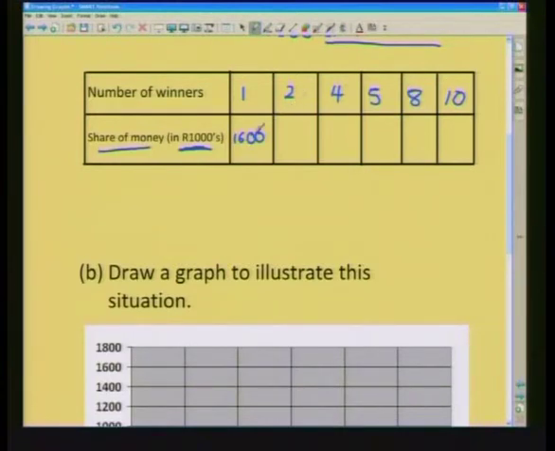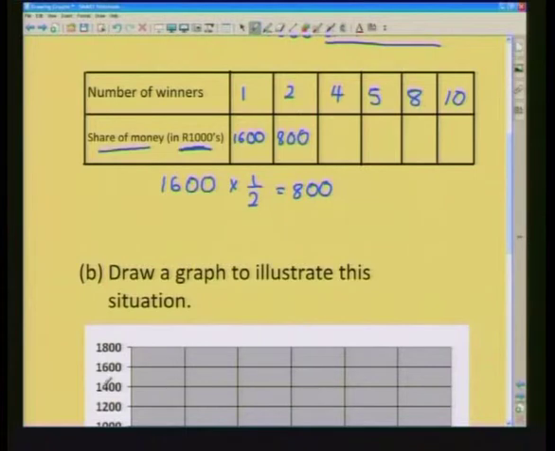If there are 2 winners, remember they're sharing this amount equally. So all I would do is multiply by 1 over 2, or divide by 2 in other words, and that would give me an answer of 800. So if there are 2 winners, they each get 800,000.